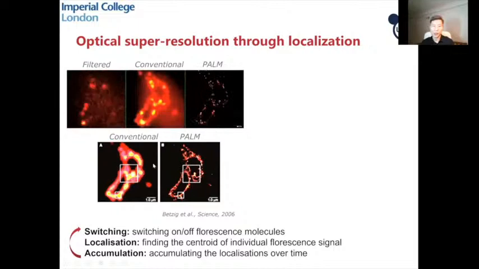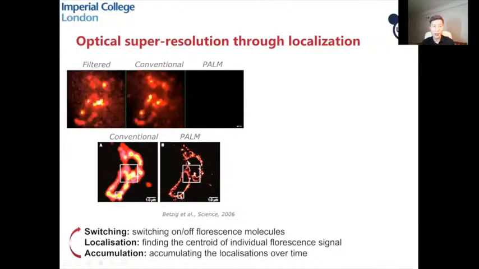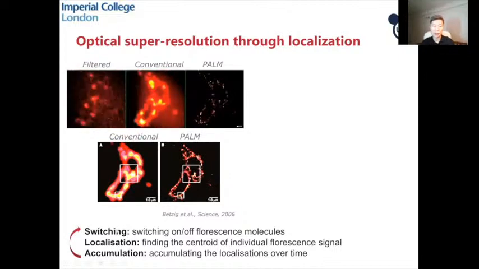And in the end, what you see here on the left is a conventional diffraction limited image of this target. On the right is the super-resolution image of this target. So if you look at what they have done, it is about switching.